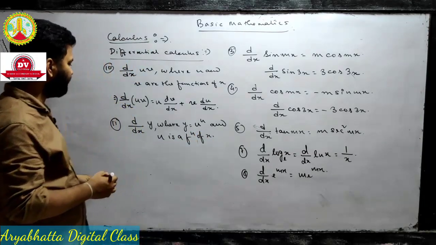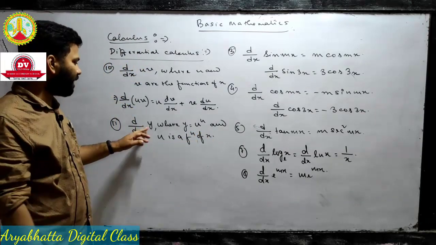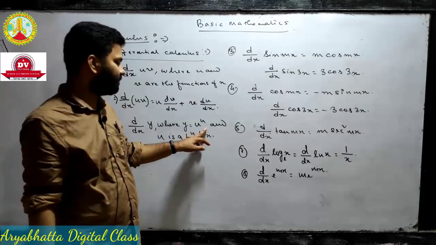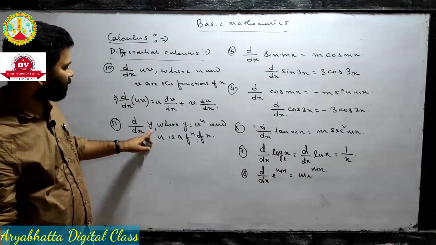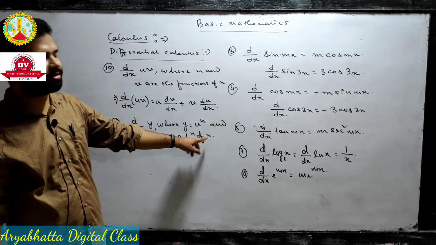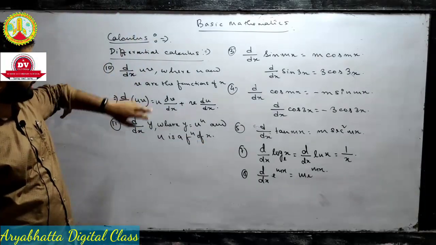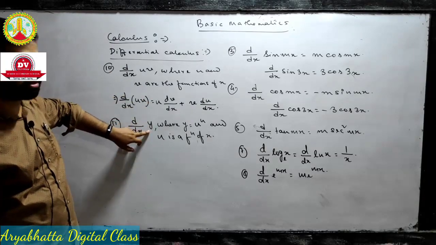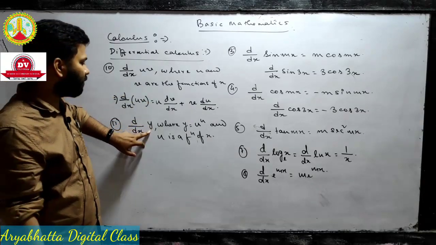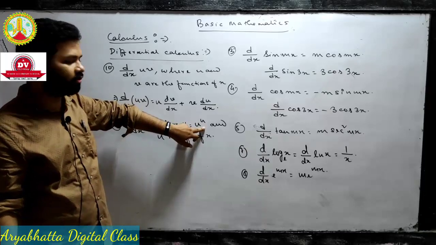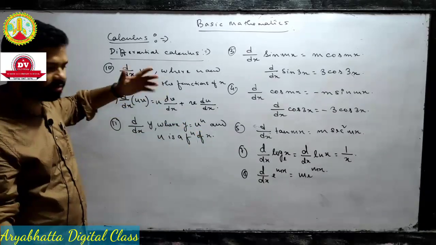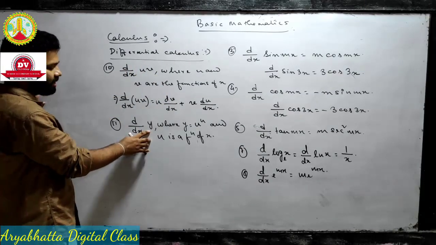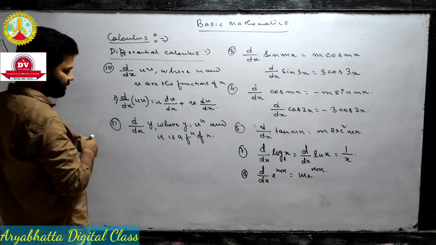So y is indirectly a function of x. You cannot take it as a constant. Why? Because y is equal to u to the power n and u is a function of x. It means y is a function of x, so you cannot consider y as a constant with respect to x.